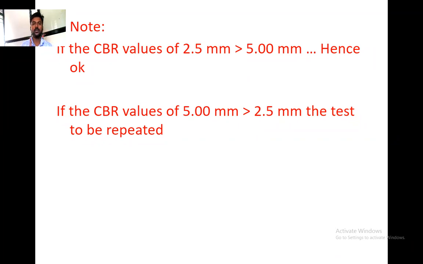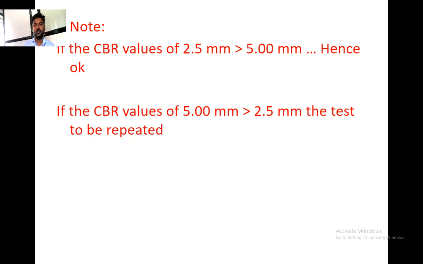It is very important. If the CBR value at 2.5 mm penetration is greater than at 5 mm, then it is okay. And if the 5 mm penetration value is greater than 2.5 mm, then we have to repeat the test.